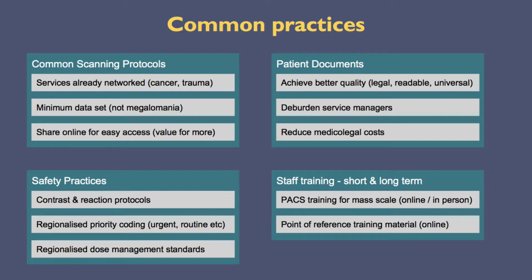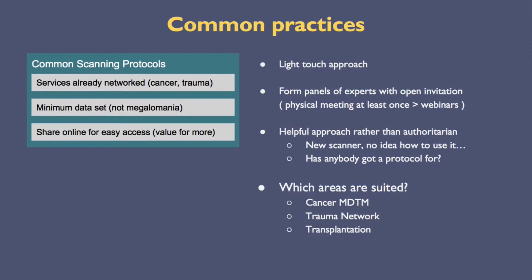suggestions here. If we think towards common scanning protocols, that's a good contentious one to start with. There are some services which naturally lend themselves to this. We think about cancer networks who have common centralised MDTs, or we think about trauma networks where the flow of patients is to a major trauma centre.